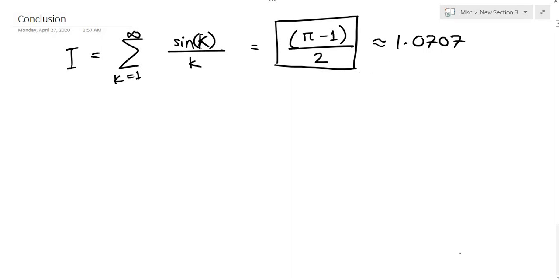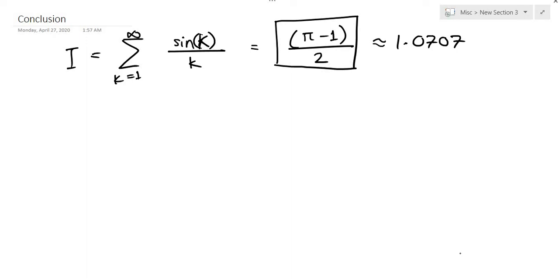But the most interesting fact was that having the sine in the numerator just made the series converge, because without the sine, if you had just a single 1 on top, this would definitely diverge, right? Because harmonic series. So it's the best part about these infinite series: small changes to divergent series can actually make them convergent.